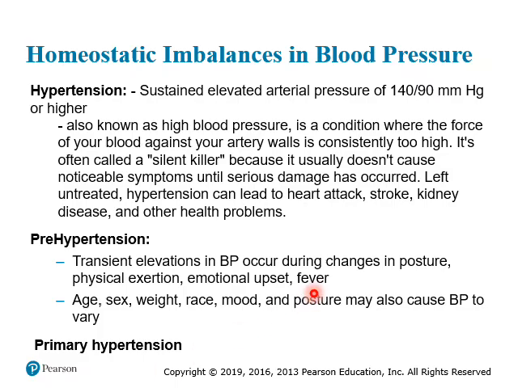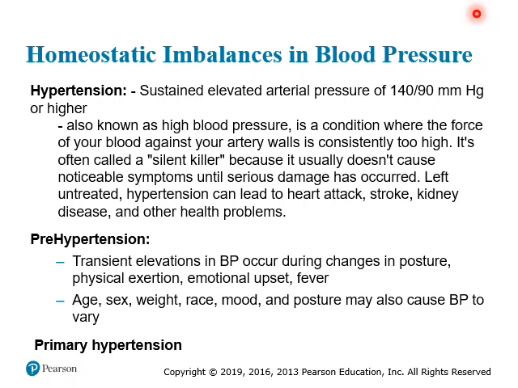Let's take a look at homeostatic imbalances in blood pressure. The first one is hypertension. It is the sustained elevated arterial pressure, which is about 140 over 90 millimeters of mercury pressure. This is already known as high blood pressure.